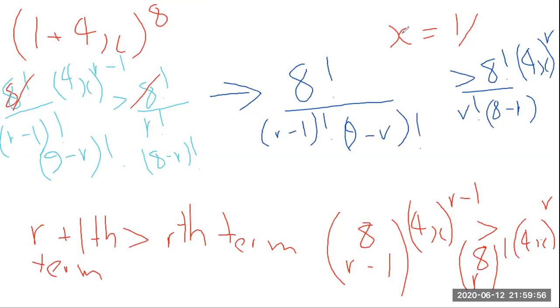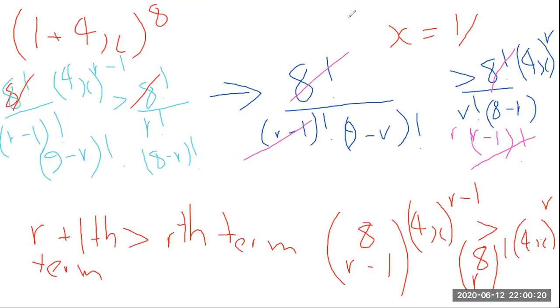The 8 factorials we can cancel off, and r factorial is r times (r-1) factorial, so over here also it cancels off.